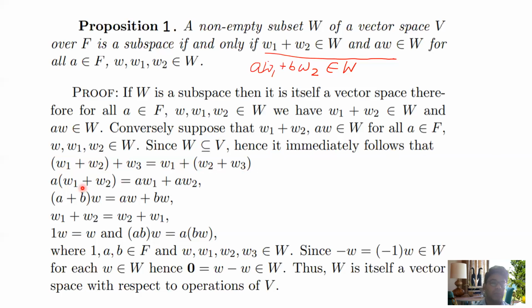Obvious properties: a(w1 plus w2) is equal to aw1 plus aw2.